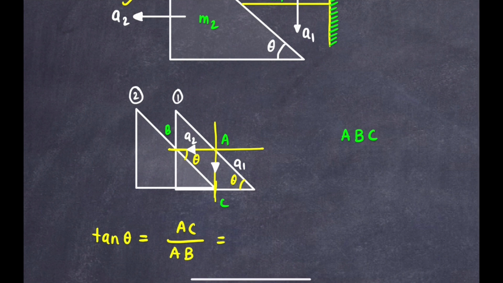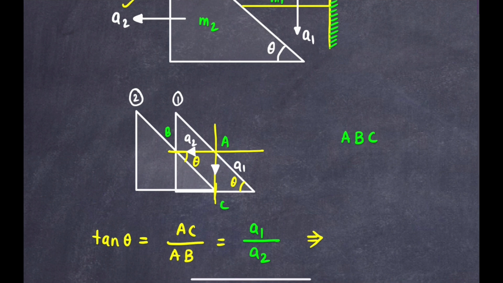Along the side AC we have plotted a1, so for AC we will have a1, and for AB we will have a2. Because for this side AC we have plotted a1, and for this side AB we have plotted a2. So by simple calculation we get that a1 would be equal to a2 tan theta. So by simple geometry we can get the relationship between the accelerations a1 and a2.